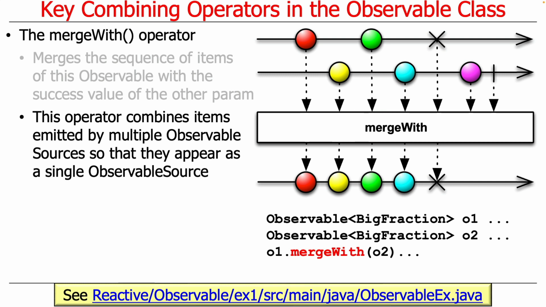And here's a very simple example, which is actually quite similar to what you have in your programming assignment. We're going to get 2 observables here, and then we're going to say merge observable 1 with observable 2 and create a new observable that's the merged observable.